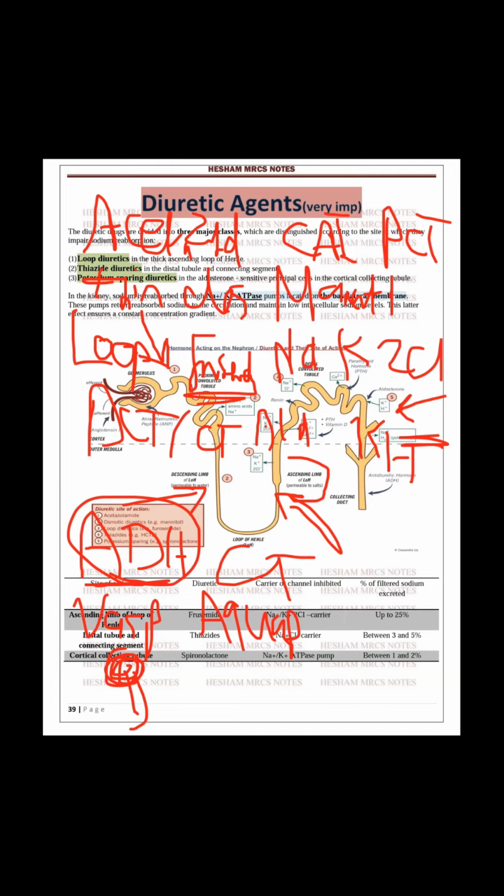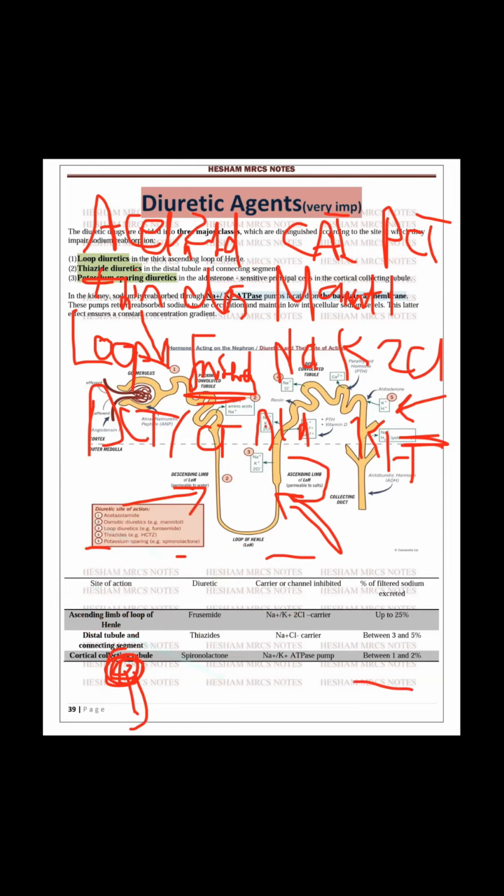This is called antidiuretic hormone or vasopressin. It acts by insertion of aquaporin 2 channels to help reabsorption and retaining of water, to increase the urine osmolarity. This is very important.